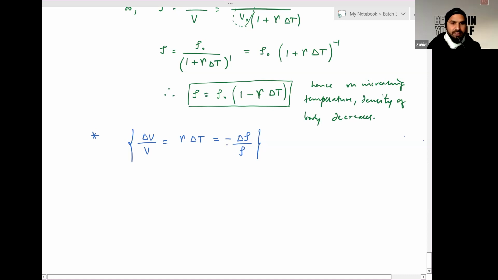This negative sign simply tells you that if volume increases, density will decrease, and vice versa. So this negative sign defines that volume and density will increase or decrease opposite to each other.